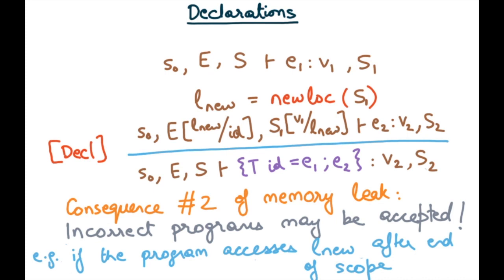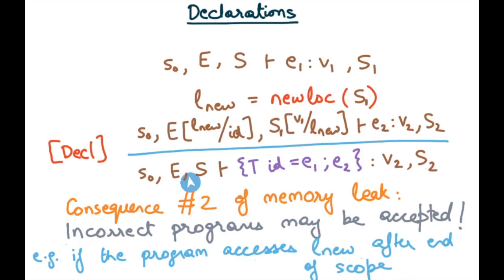Well, notice that even if you retain L new in S2, then you are allowing any expression E3, let's say, after the end of the scope, to potentially cause side effects that mutate the values at location L new. Now, because L new is mapped in S2, it should ideally be correctly mutating that location, both reading and writing.